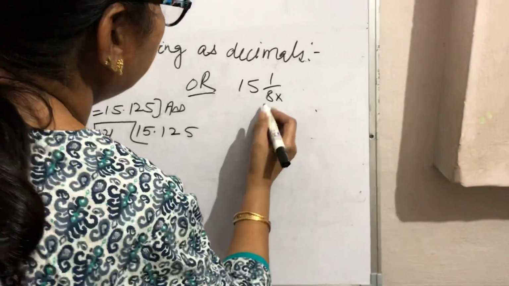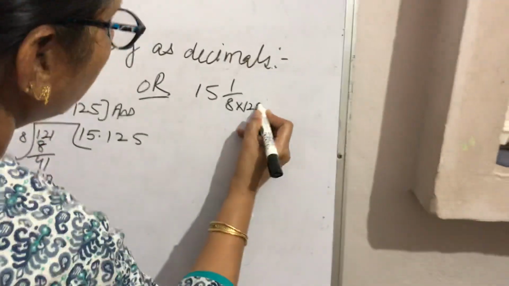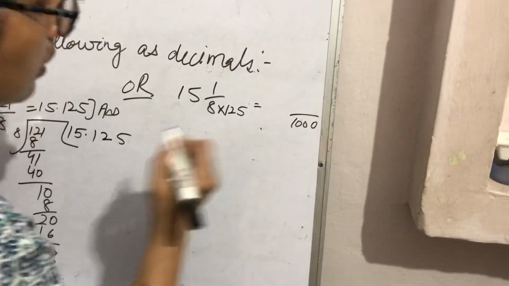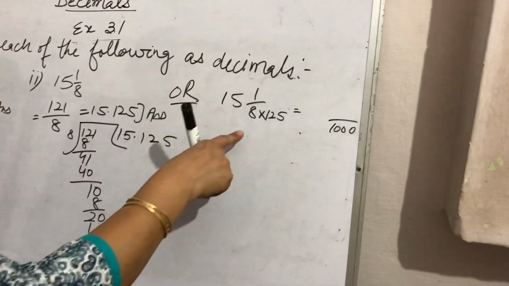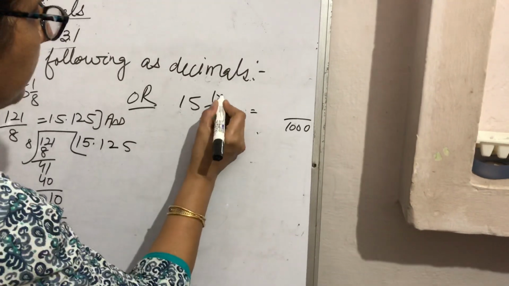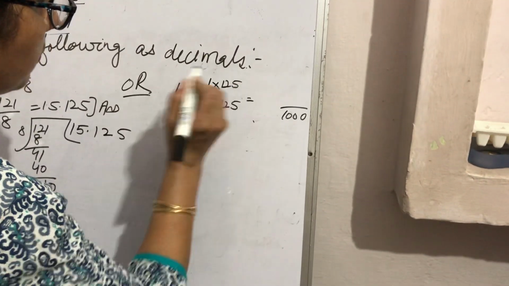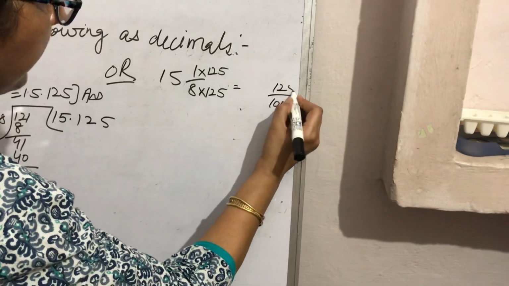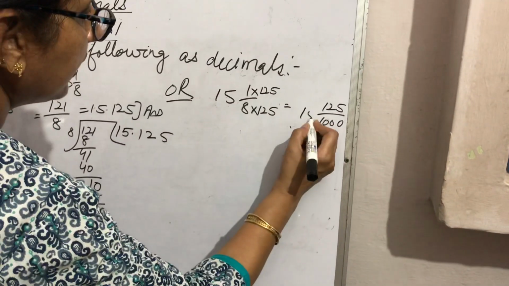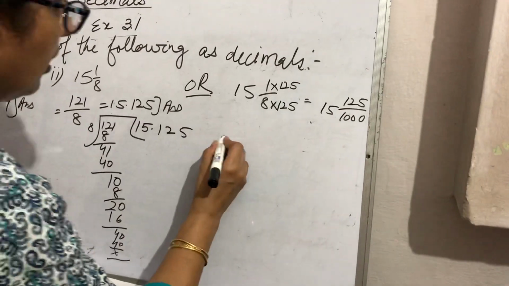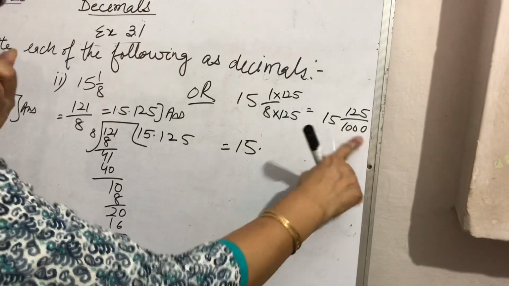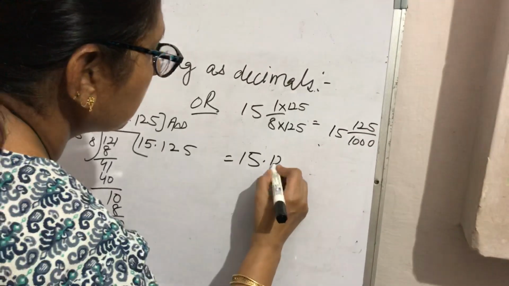If we multiply 8 with 125, it will be 1000. But if we multiply the denominator with a number, we have to multiply the numerator also. So 125 ones are 125, and 15 will remain as it is. Now 15 is the whole number, and we have 3 digits in the decimal part.